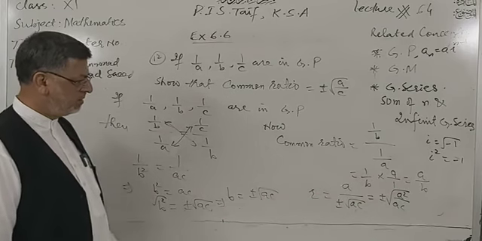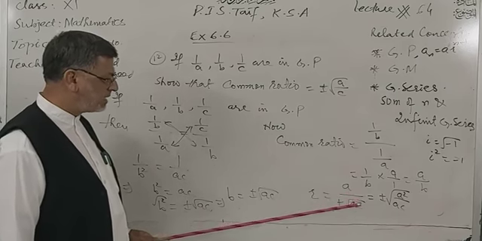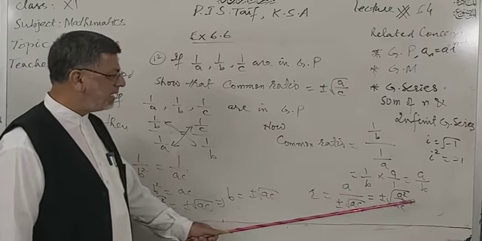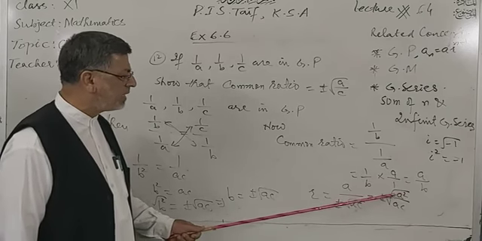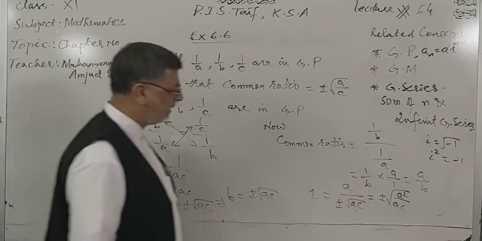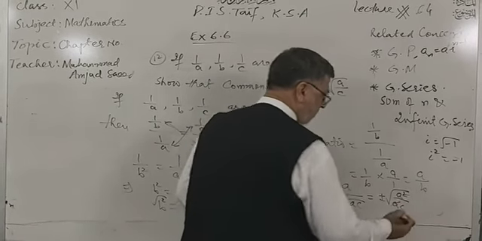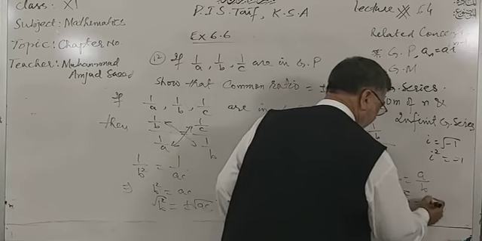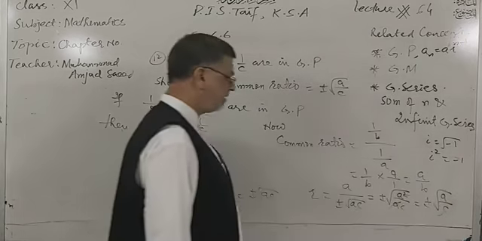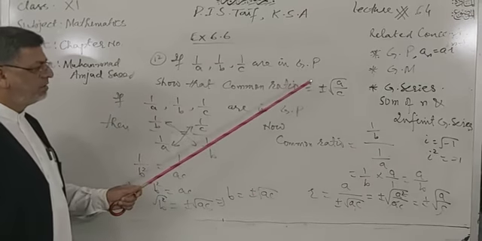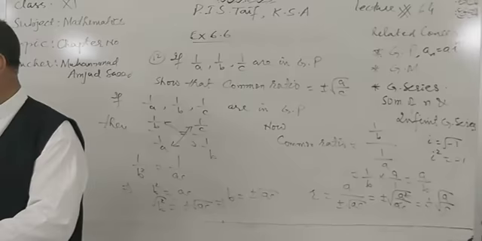Important point: A was outside the square root sign, and now inside I have written A square along with the square root. Square and square root will cancel out. Here A is cancelled with the power of A and we are left with the square root of A over C. That is your required answer, the common ratio. I hope that you understood this question.